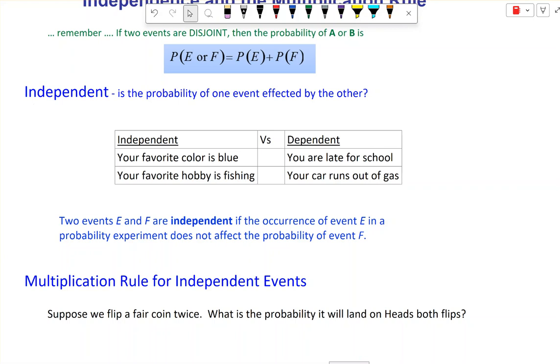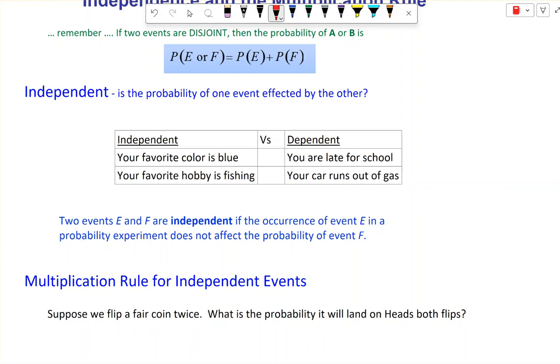So first we need to define what we mean by independence. Independence has to do with the probability of one event being impacted by the probability of a second event. For example, if my favorite color is blue, that doesn't have any impact on me choosing fishing as my favorite hobby. However, on the dependent side, you are late for school and your car runs out of gas.